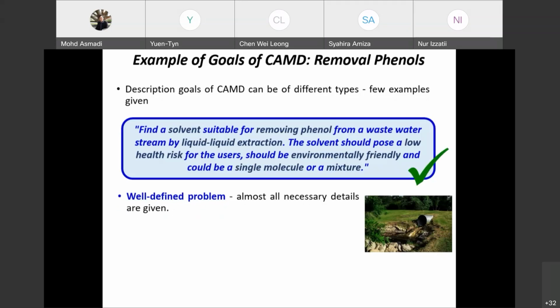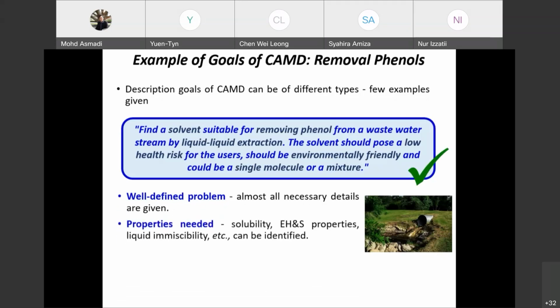Okay, what are the properties needed? Because we need something qualitative, how can we translate it to the quantitative? Since we want to use liquid extraction, solubility is important. Then environmentally friendly EHS properties. Maybe I can explain later in the next slide.